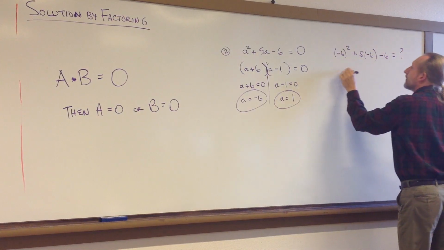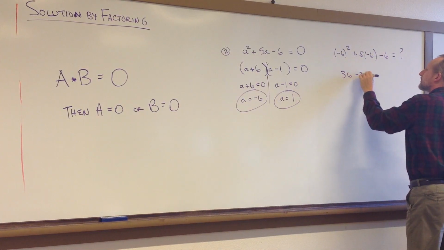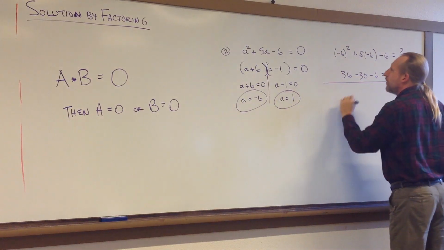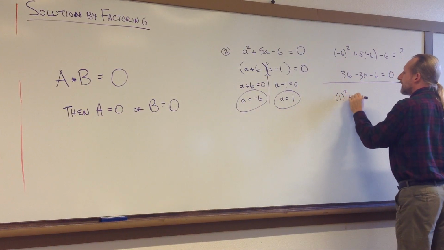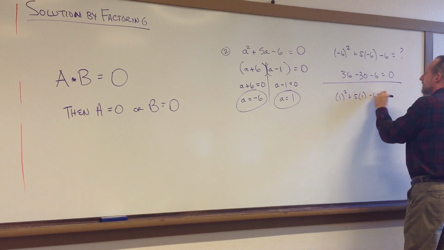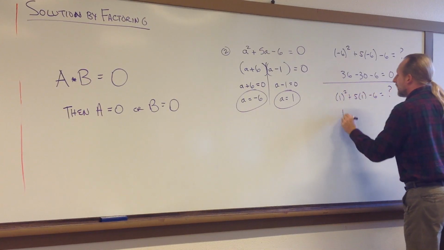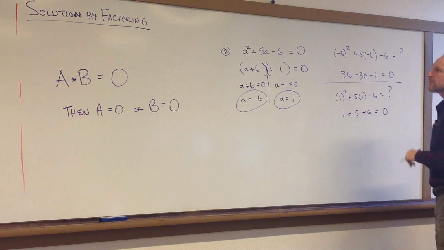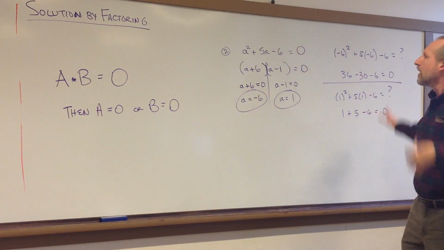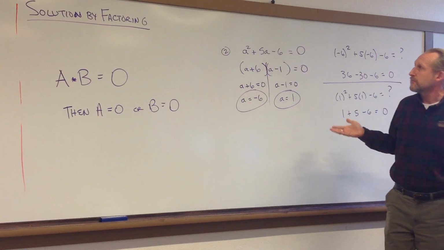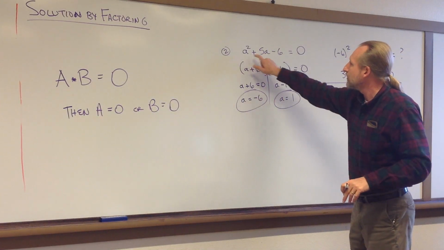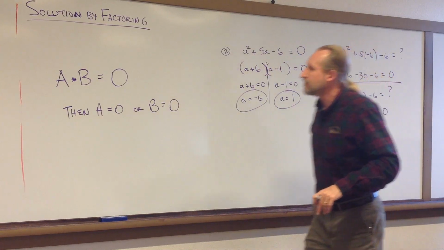What does that equal? 36 minus 30 minus 6. Yep, that's 0. What about 1? 1 squared, 5 times 1 minus 6. That's 1 plus 5 minus 6. Yeah, that's 0. Okay? You don't have to check them out, but what I'm saying is that you can check them out. All right? That's the whole idea, is that these should be the numbers that when you plug them back in here, give you an answer of 0.